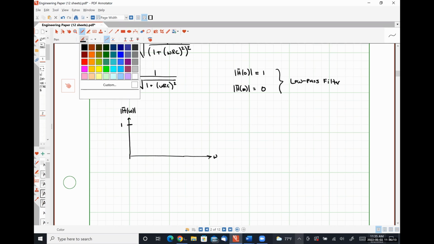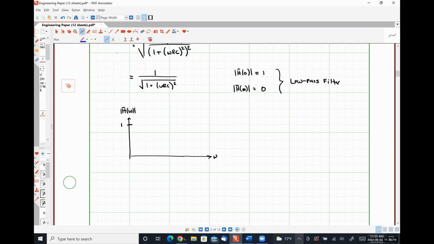What it's going to look like is something like this. At a very specific frequency, this is going to look like 1 over the square root of 2.